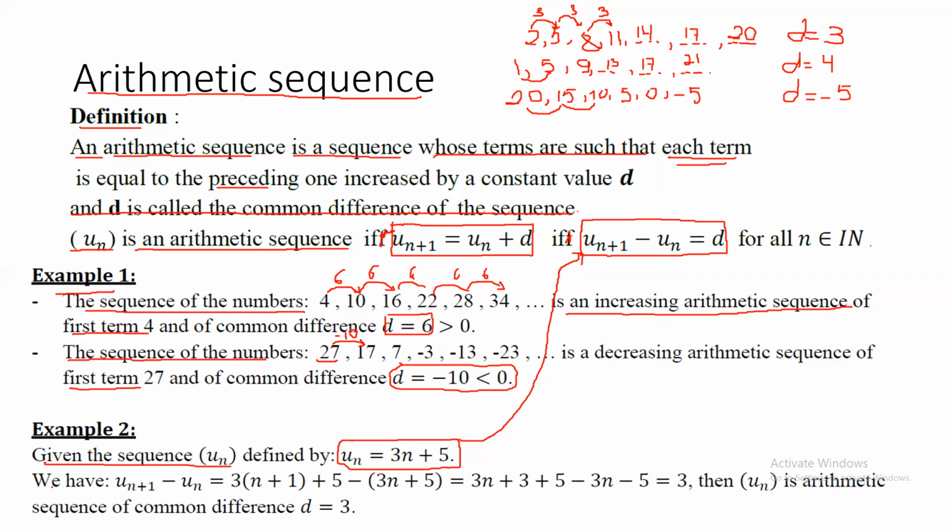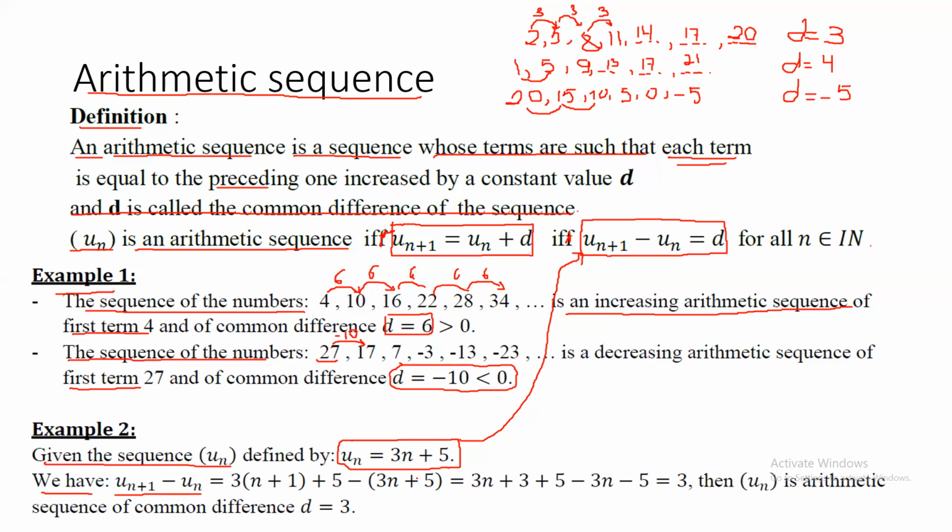Here, we have u_(n+1) minus u_n. For u_(n+1), I put n plus 1 instead of n. It's 3(n plus 1) plus 5 minus (3n plus 5).